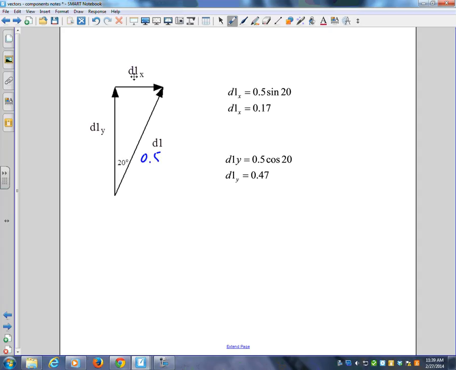D1x here, the x is opposite, so it's going to be the sine. 0.5 sine 20 is 0.17. And the adjacent is the cosine, so it's 0.5 times the cosine of 20, or 0.47. Have I gone too far, or are we good to there?